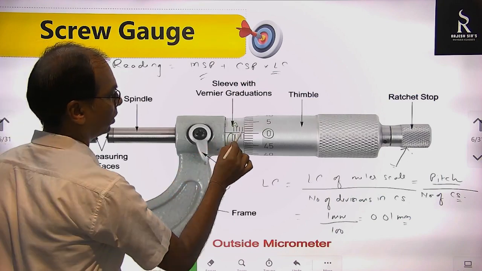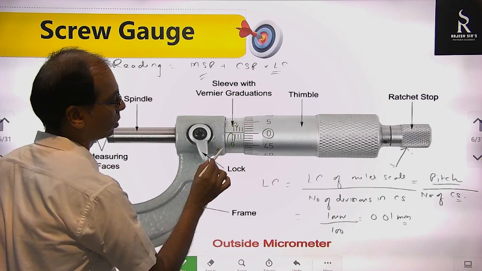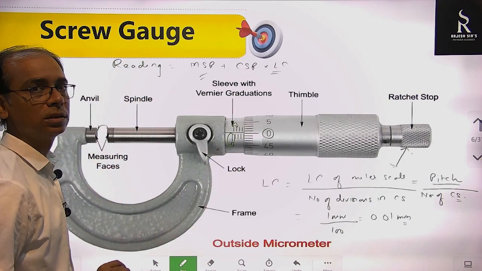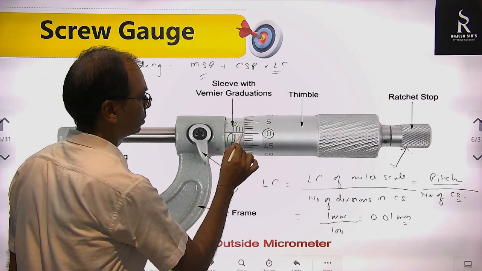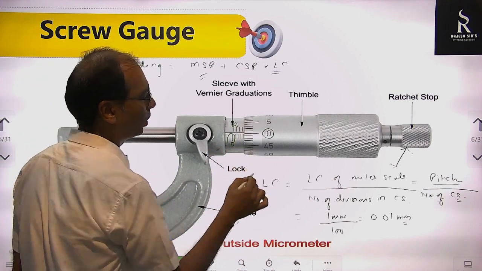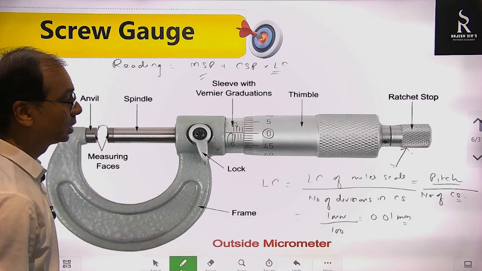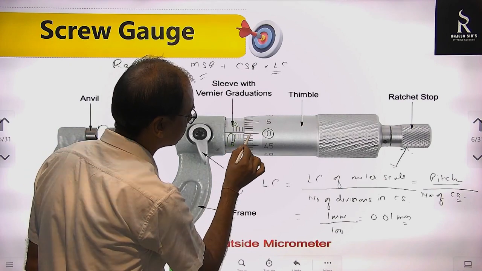Here notations are there. Now in this one, suppose we have to check the main scale reading. This is 0, 1, 2, 3, 4. Main scale reading is 4. Correct? 4 plus something is there. Then we will see the circular scale reading, where it's meeting.